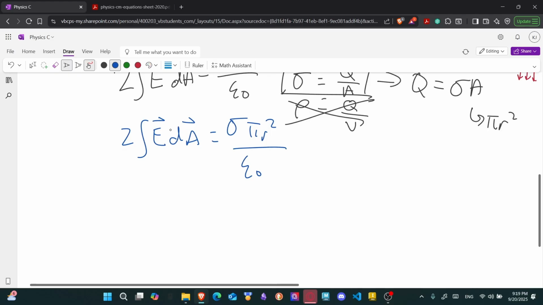Okay, so E is a constant that we're looking for. Since it's a constant, it can go outside the integral. And the integral of dA is just A. So 2 times the integral of E dA is equal to sigma pi r squared over epsilon naught.